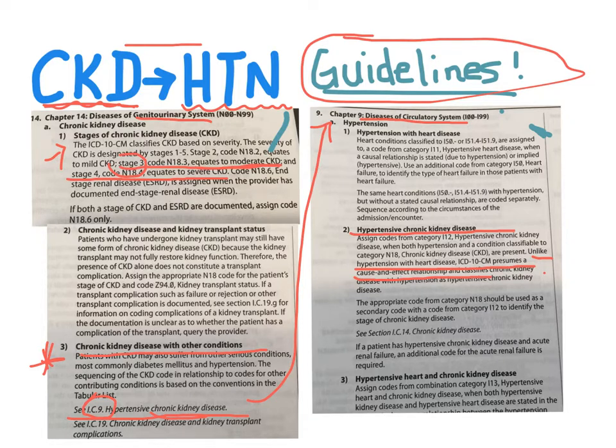So here they're telling us, unlike hypertension with heart disease, there's no cause and effect relationship that is presumed between hypertension and heart disease, but it is presumed that there is a cause and effect relationship between chronic kidney disease and hypertension. So just little things like this, again, be on the lookout in your chapter-specific guidelines.